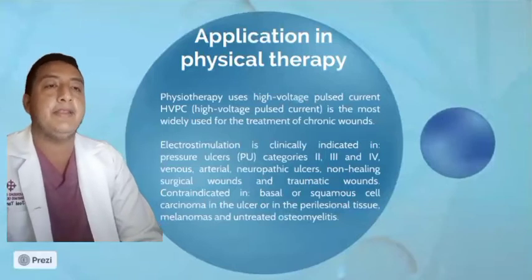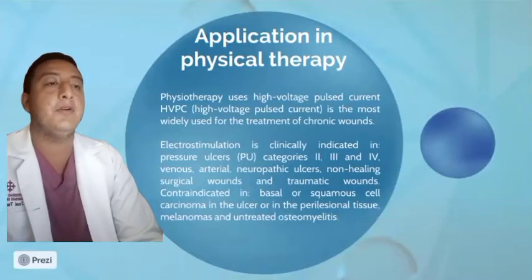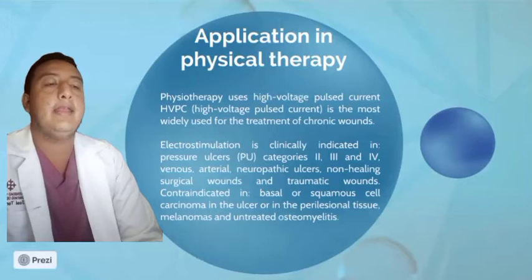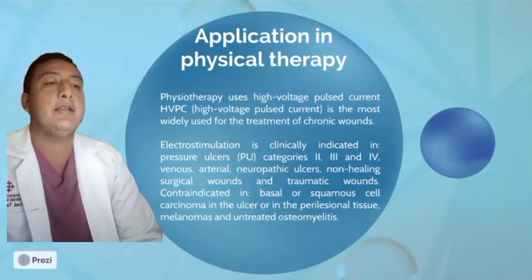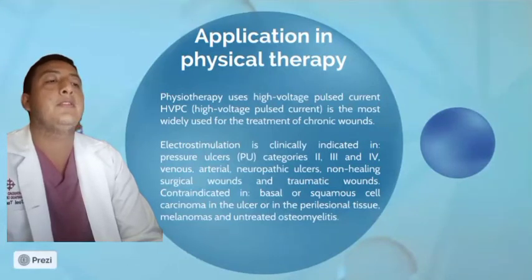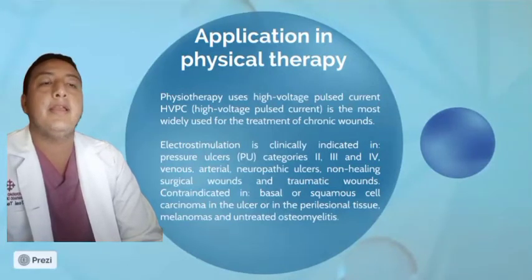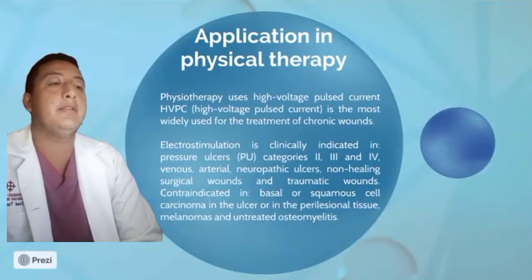Application in physical therapy. Physiotherapy uses high voltage pulsed currents. It is the most widely used for the treatment of chronic wounds. Electrostimulation is clinically indicated in pressure ulcer categories 2, 3, and 4, venous, arterial, neuropathic ulcers, non-healing surgical wounds, and traumatic wounds.